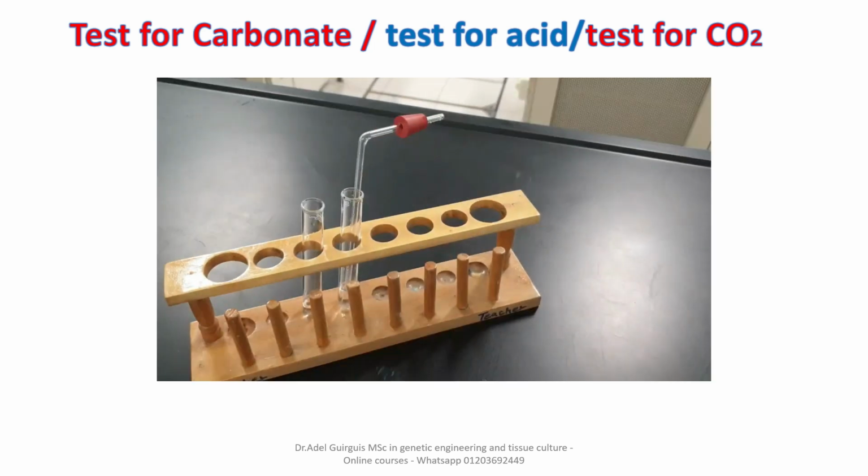Look at this test. Here, two test tubes, one containing clear, freshly prepared lime water, provided with a bung and an L-shaped delivery tube, and a second test tube containing carbonate salt. Look at the experiment step by step.